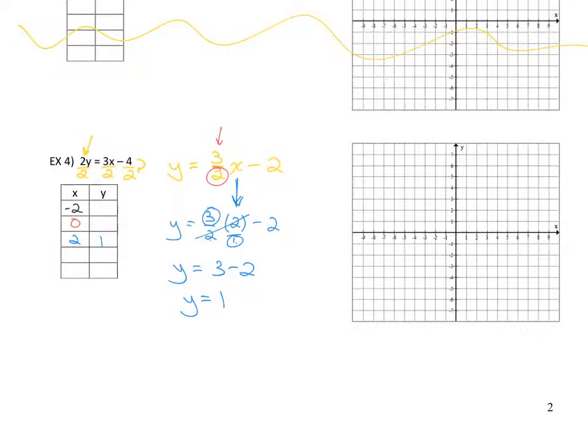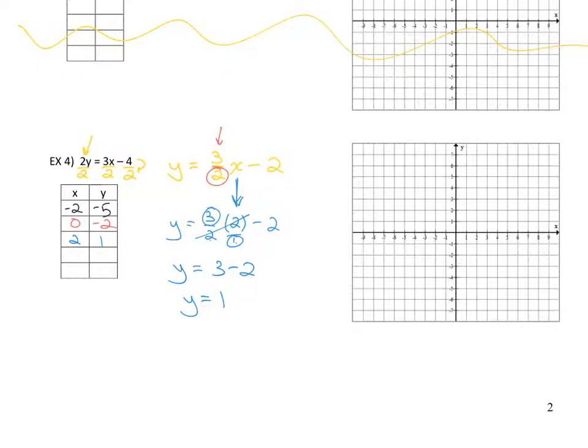Like, we can figure that one out pretty easily. And then when you substitute -2 in for x, you can reduce the 2's again, but now you have a 3 times a -1. So that would be -3 minus 2 is -5.